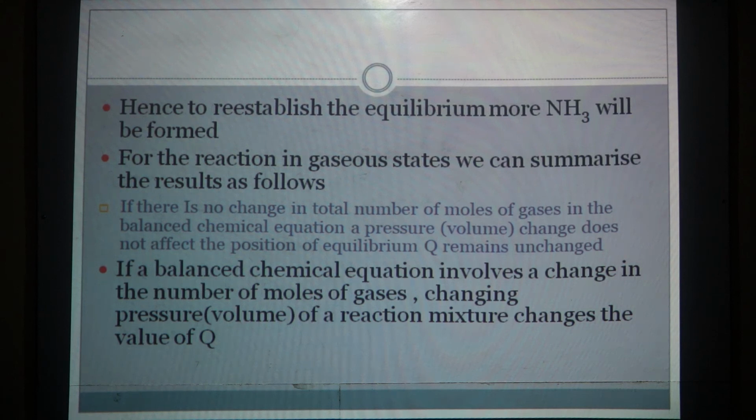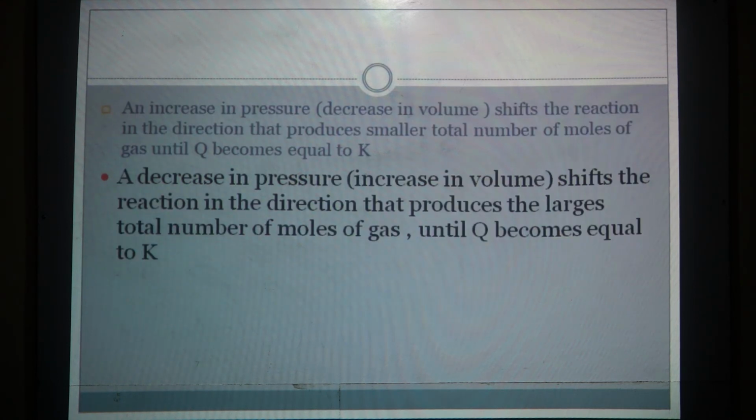If a balanced chemical equation involves a change in the number of moles of gases, changing the pressure of the reaction mixture changes the value of Q. An increase in pressure or decrease in volume shifts the equilibrium in the direction that produces the smaller total number of moles of gas until Q becomes equal to K. A decrease in pressure or increase in volume shifts the equilibrium in the direction that produces the larger total number of moles of gas until Q becomes equal to K.